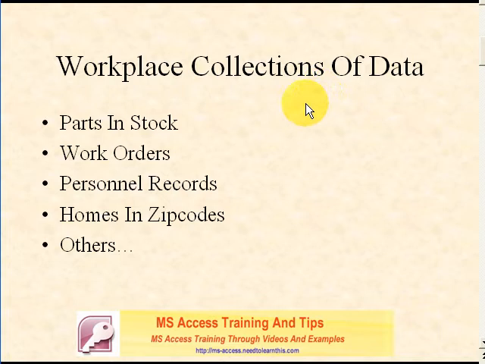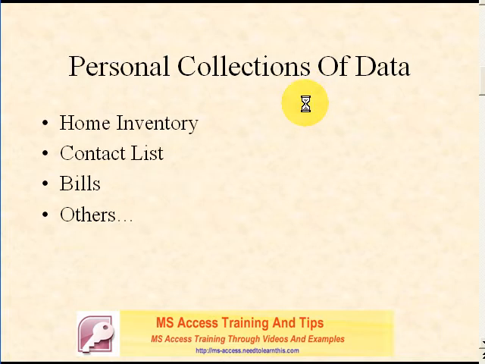A database, again, is a collection of data. Some personal collections of data: you have home inventory, you have contact lists, you have bills, others. Now, you can use Access at home and go ahead and do so if you need to. If you want to keep track of information, I know one particular individual, he doesn't use it at home, but he uses it to organize his office and certain file cabinets.